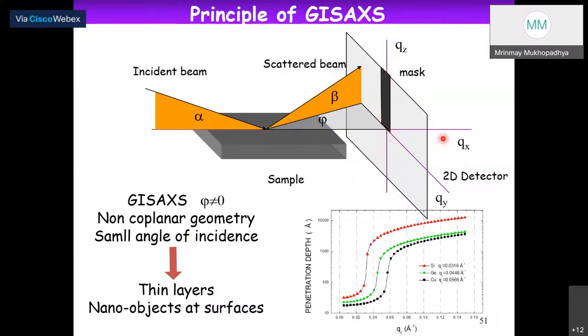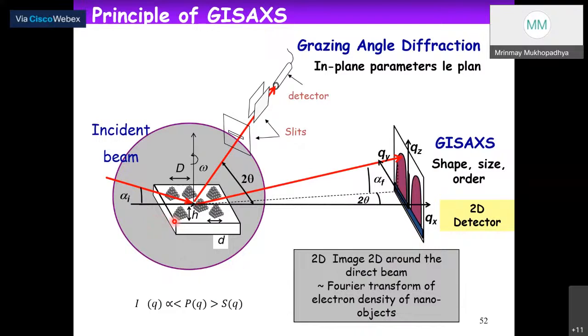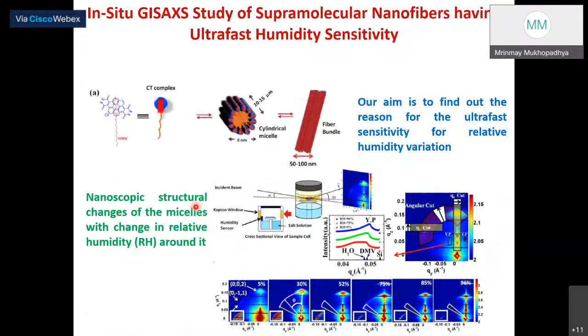But in a GISAXS measurement, we can vary all the angles and get Q mapping in other directions too. Depending on that, we talk about how these molecules are forming bigger domains, their size, and how they are distributed. All these types of information you can extract.